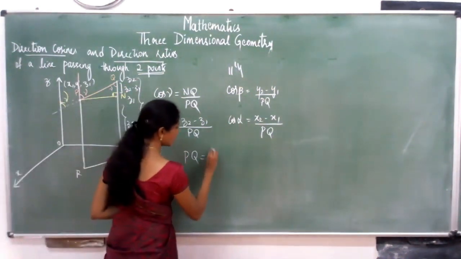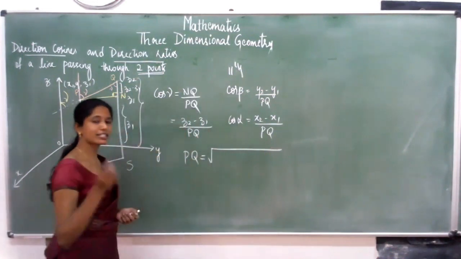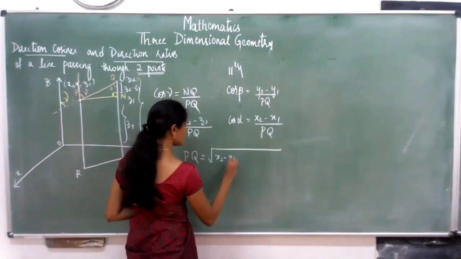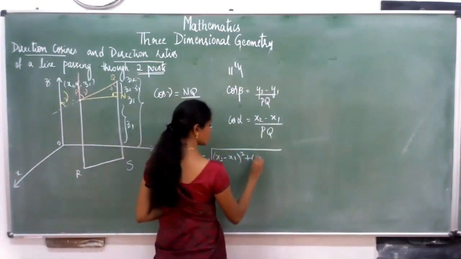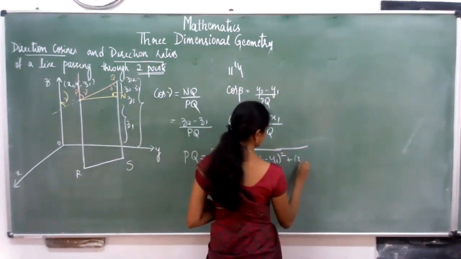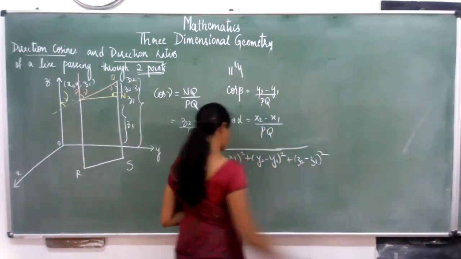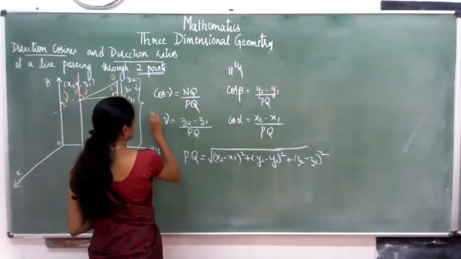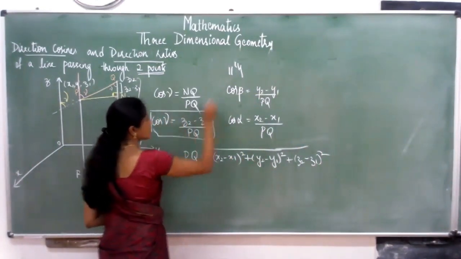So PQ is equal to the root of x2 minus x1 the whole square plus y2 minus y1 the whole square plus z2 minus z1 the whole square. Understood?